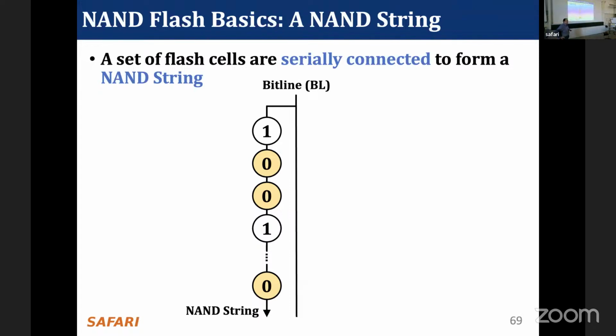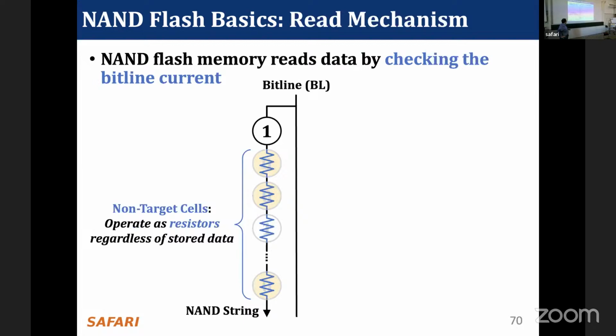It's quite complex and not really good for density, so we don't really see much NOR flash design nowadays. When you want to target a cell and evaluate whether it is 1 or 0, you have some non-target cells. Some of those might have been programmed already, which have a higher threshold voltage.